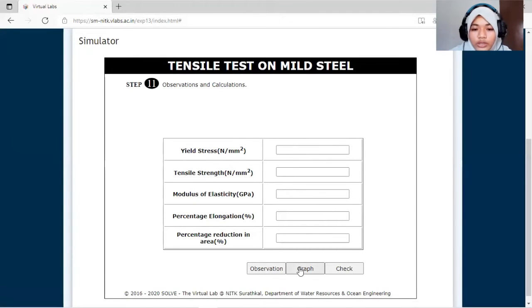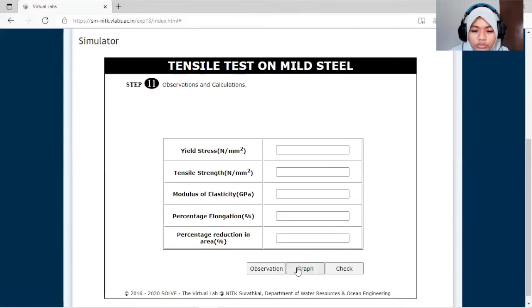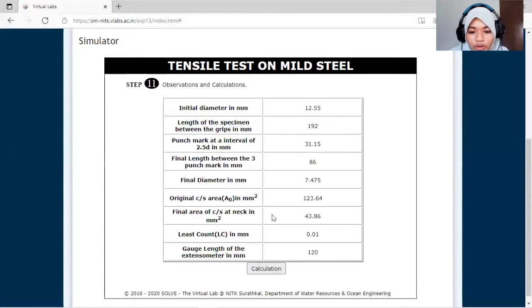You can see the yield point on the graph is 35 and the AO is 123.64. So how to calculate is 35 over 123.64. So the answer is 283.079.